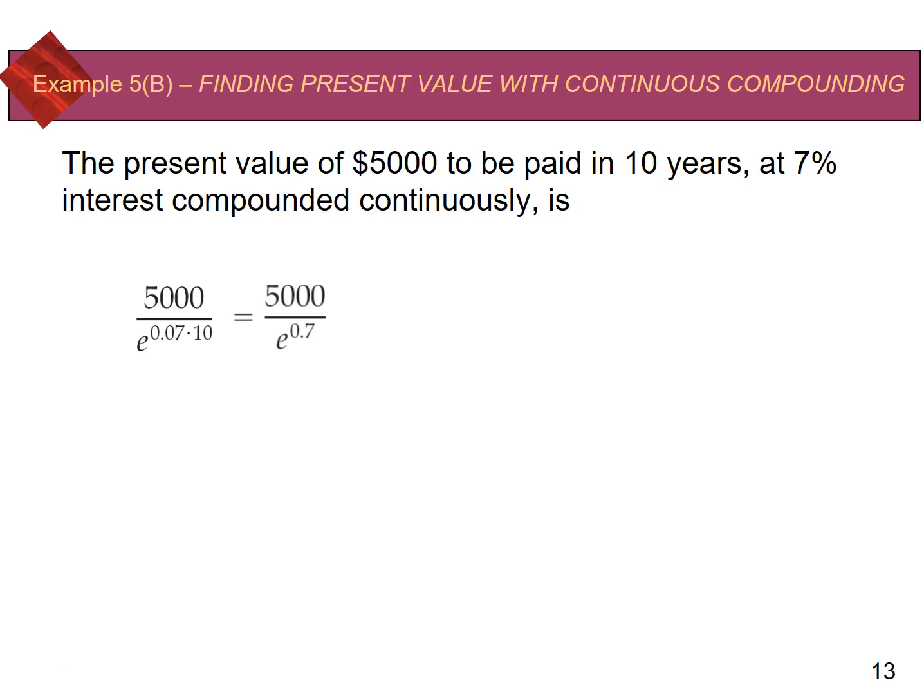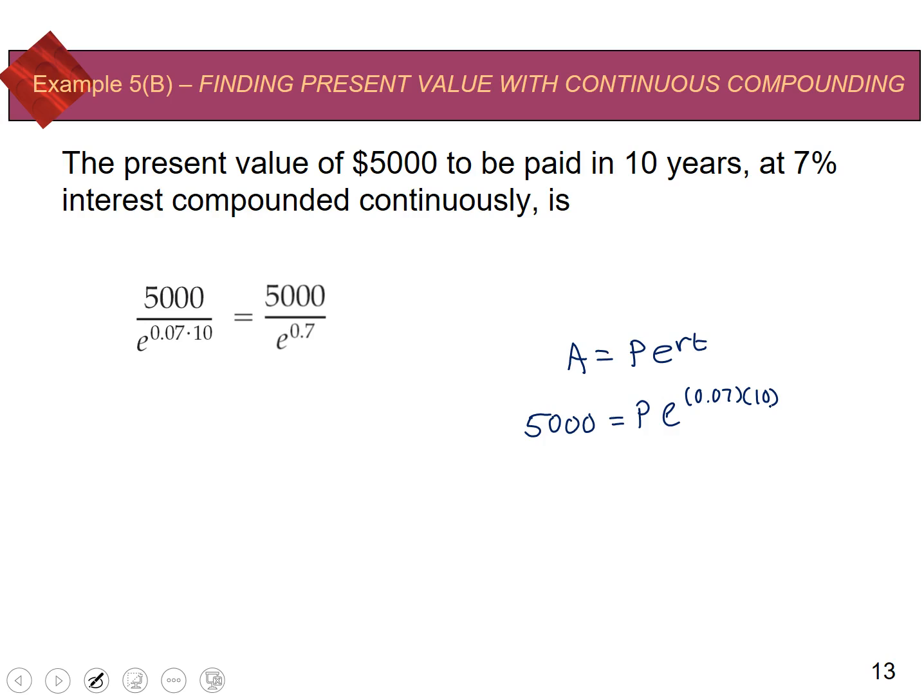All you're going to do is take $5,000, because if we set it up, I'm looking to get $5,000 in the future, and I'm looking for the present amount of that. I'm going to have 0.07 times 10.